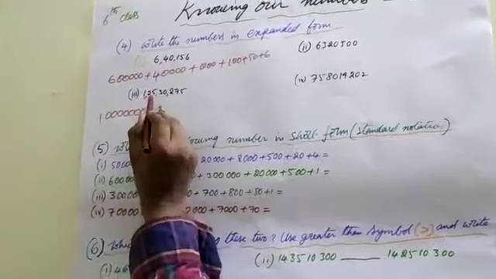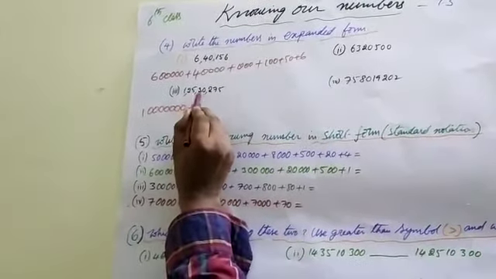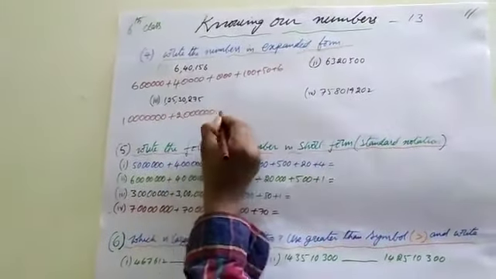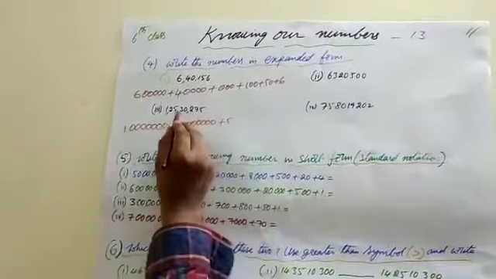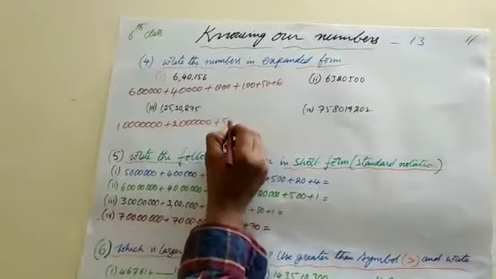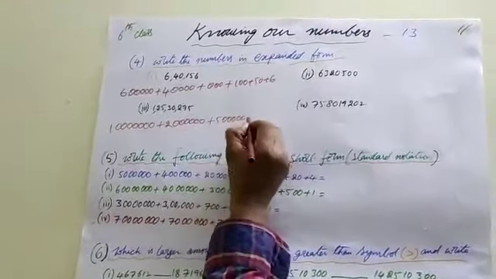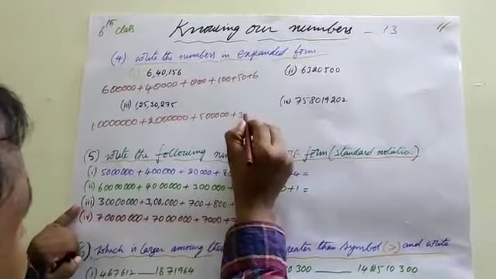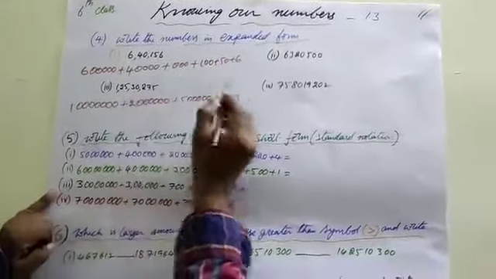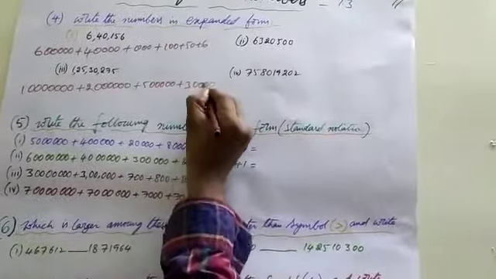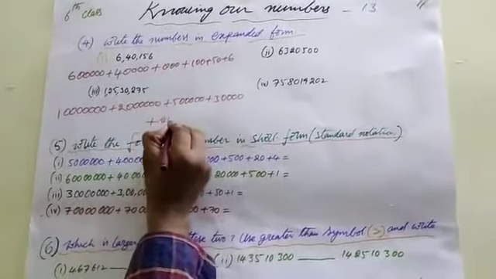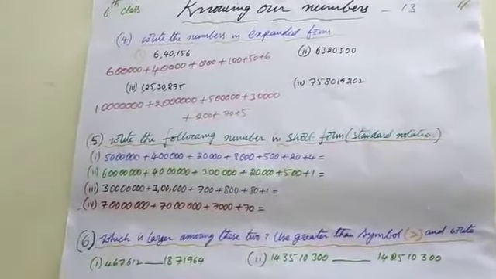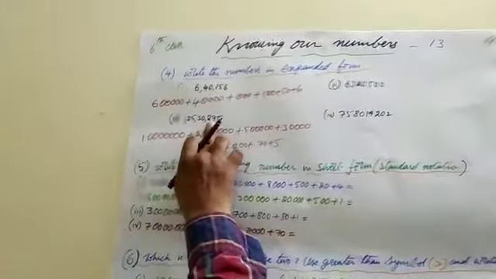For example, take 20 lakhs: after 2, 1, 2, 3, 4, 5, 6: 6 zeros. Plus 5, after 5, 1, 2, 3, 4, 5: 5 zeros. Plus take 3, 30,000: after 3, 1, 2, 3, 4: 4 zeros. Plus 200 plus 70 plus 5. This is the expanded form of 1 crore 25 lakhs 30,275.